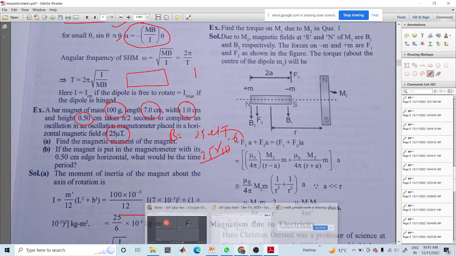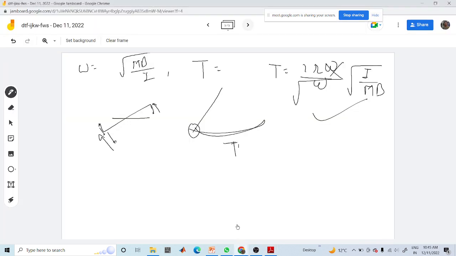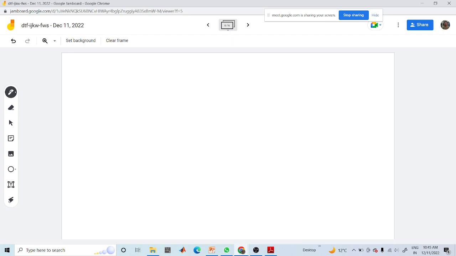Listen, magnetic moment is equal to m into l, or a or 2, whatever.